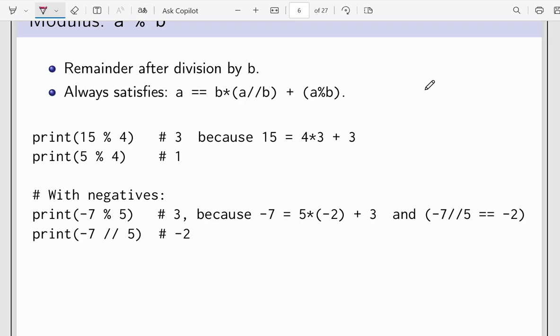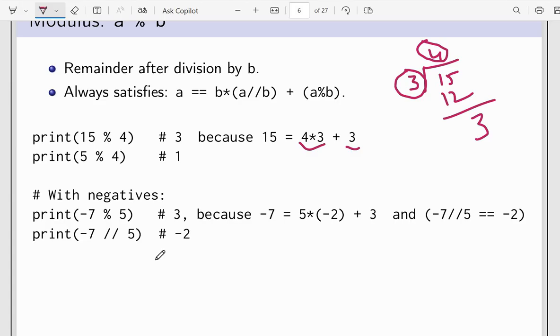How do we get 3? 4 threes are 12, the remaining value is 3. In other words, you multiply 4 times 3, 12, plus 3. Print 5 percentage 4, the answer is 1.